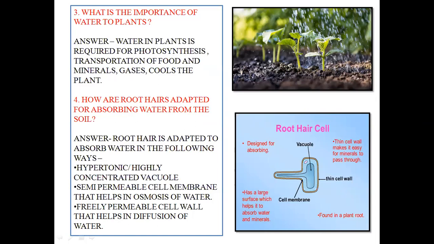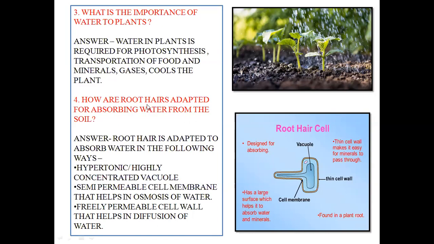And also water helps in dissolving minerals and transporting them from the soil to the plant, and by means of transpiration it helps the plant to cool down. So this is one of the most vital and important roles of water to the plant.